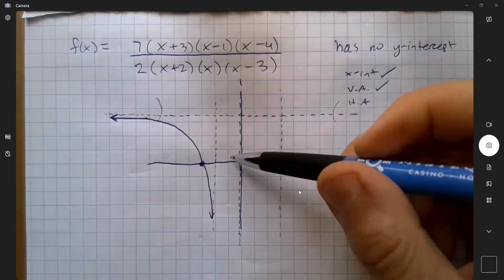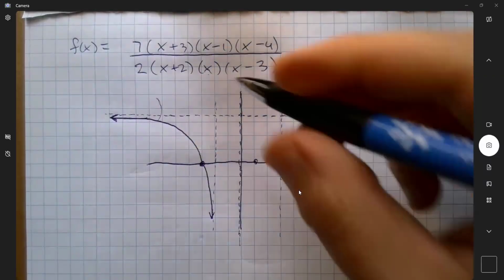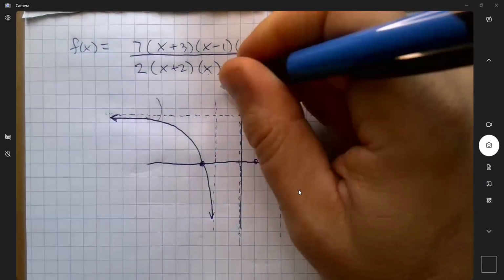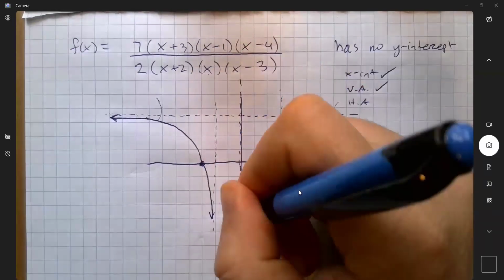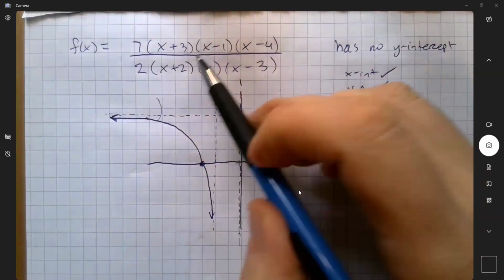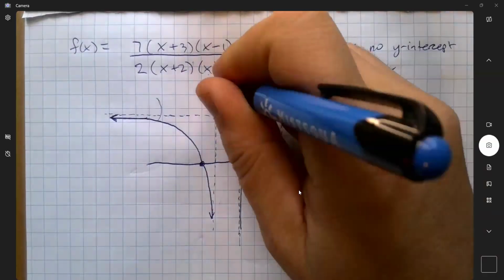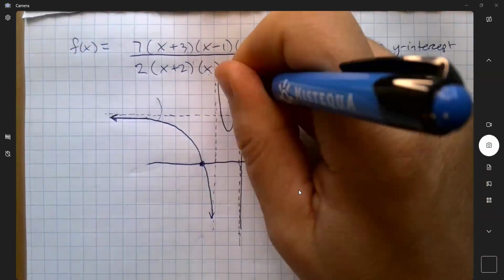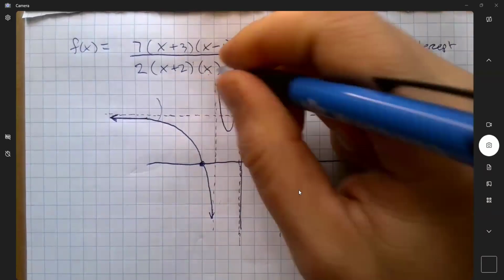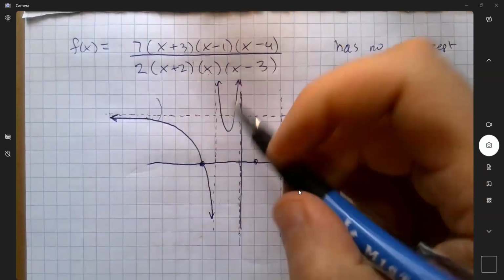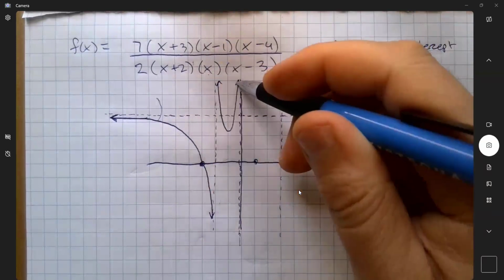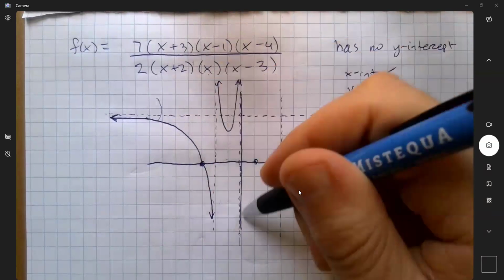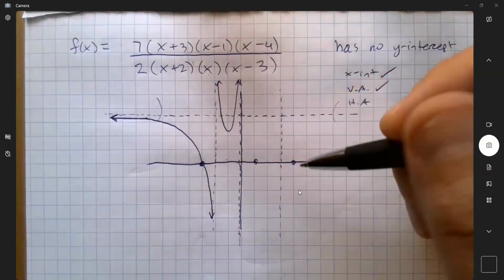Now I have to decide whether I'm up here or down here, and I can test a point, or I can remember since the x plus 2 has a multiplicity 1, it must change sides, and since there's no x-intercept, it must turn around and run back up toward positive infinity, so it doesn't touch the vertical asymptote at x equals 0.